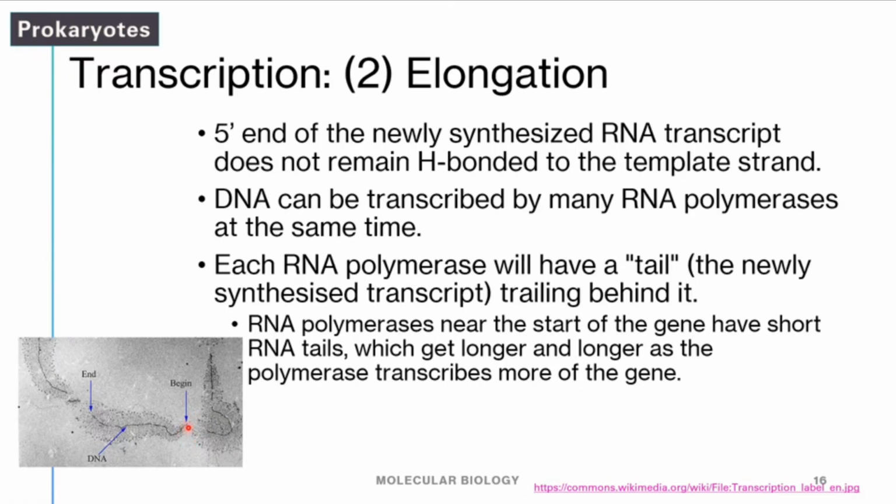Therefore, the tail radiating from the RNA polymerase is a lot shorter. When you move along the DNA, you notice that the RNA transcripts on the left are a lot longer. That means this is towards the end of the transcription region, the region of DNA to be transcribed.